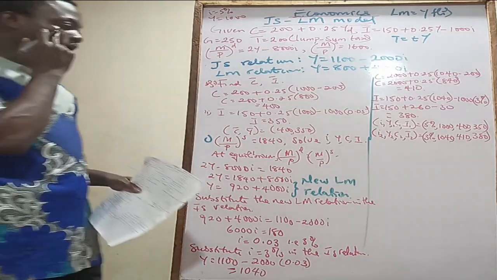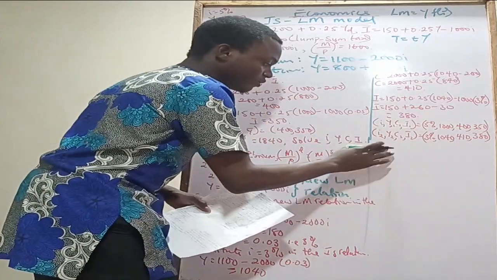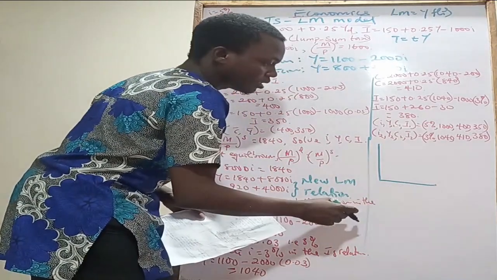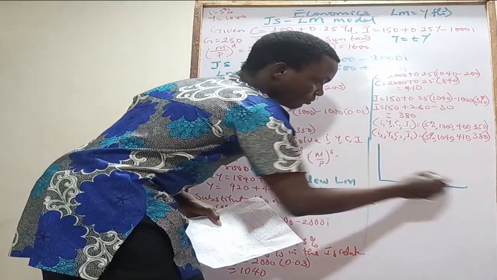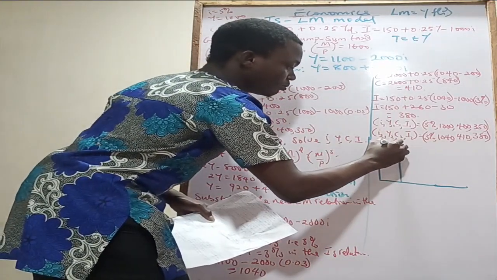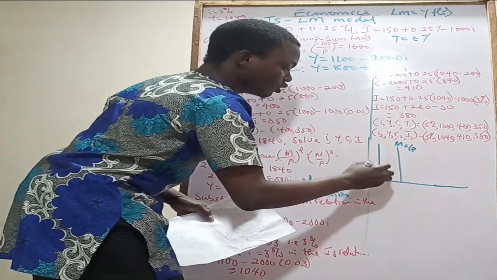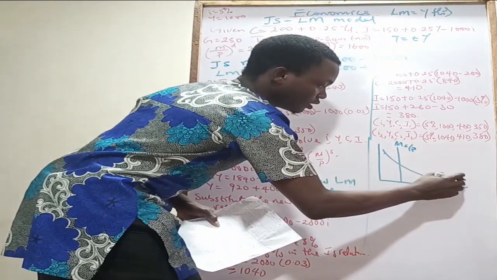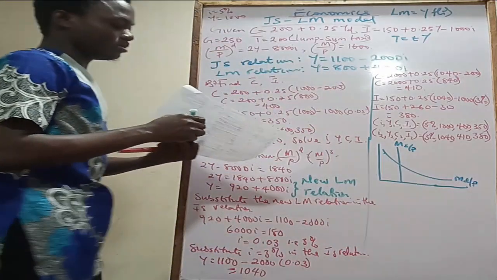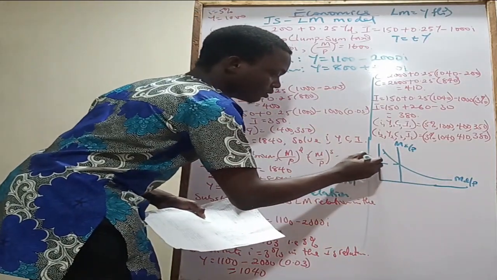An increase in money supply, we already understood that the whole thing was the real money supply that's increased. So we have this MS over P, the first one, then this was your MD over P, and then the initial interest rate was here.